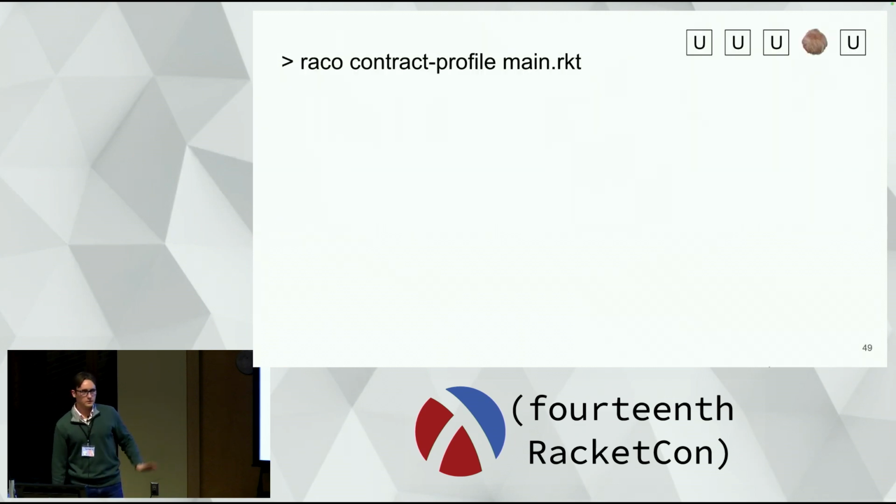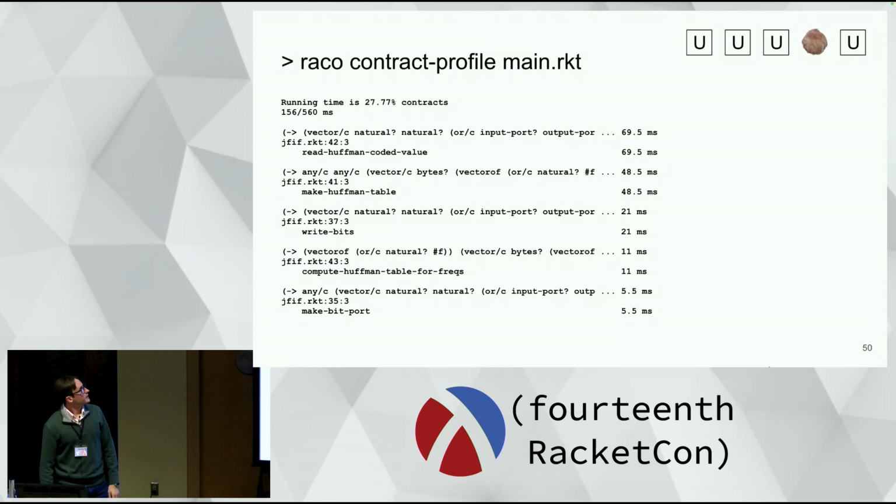So basically what we do is we run this incantation in our terminal, raco contract-profile, and we get this result. So what does all this text mean? The first thing is it'll tell us the amount of time that our program spends executing contracts.